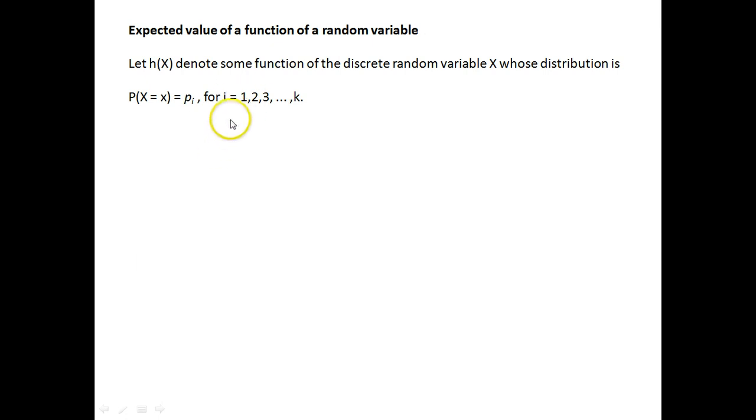The expected value of a function now of a random variable, because we need a method to work out the variance.